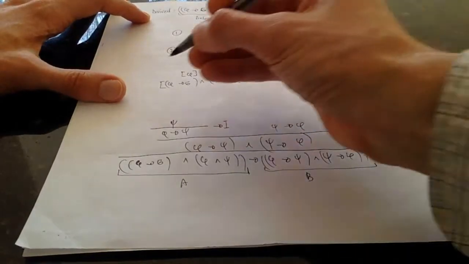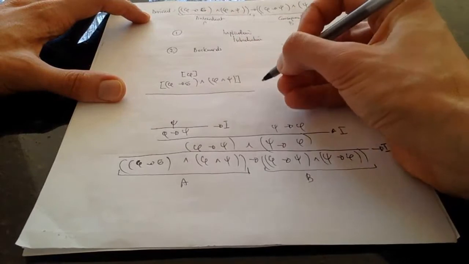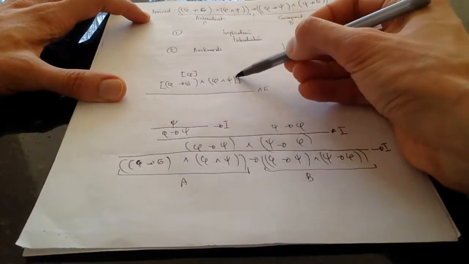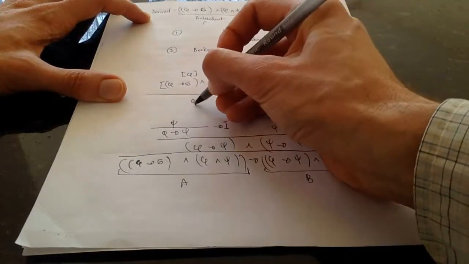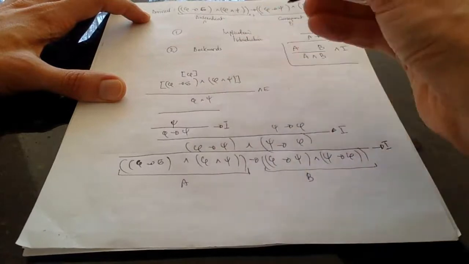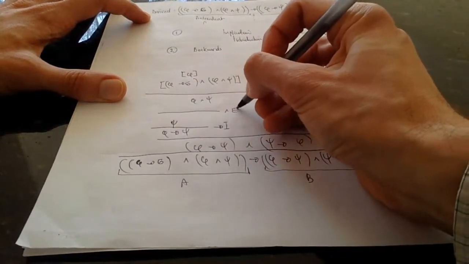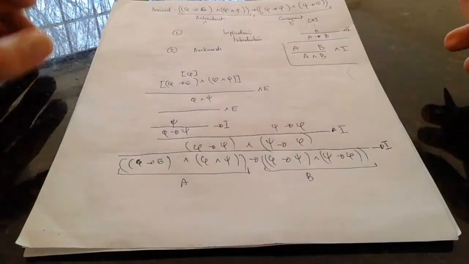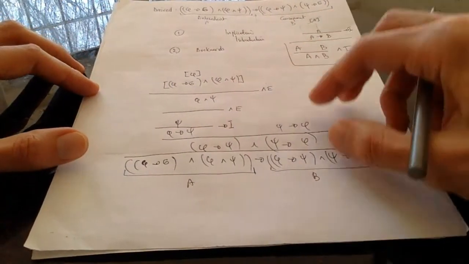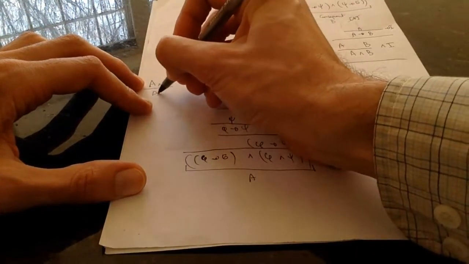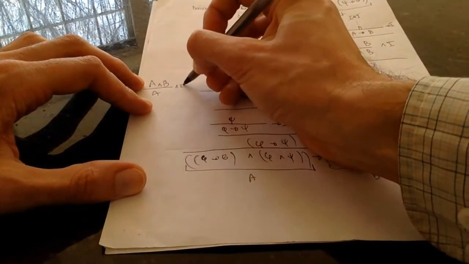And here is the strategy. I apply the rule of conjunction elimination one time, and I take out that conjunction here, phi and psi. And then I apply conjunction elimination another time, and I take out that conjunct. And so I'm done. Now remember, the rule of conjunction elimination has the following structure. If I have A and B, I can take out A, let's say.